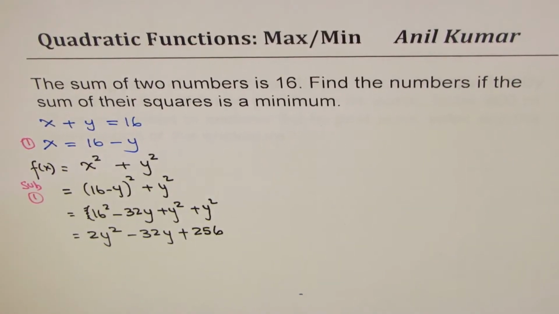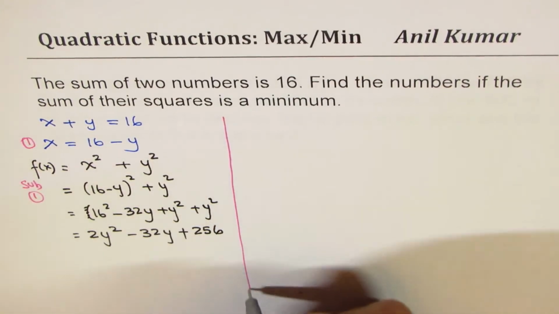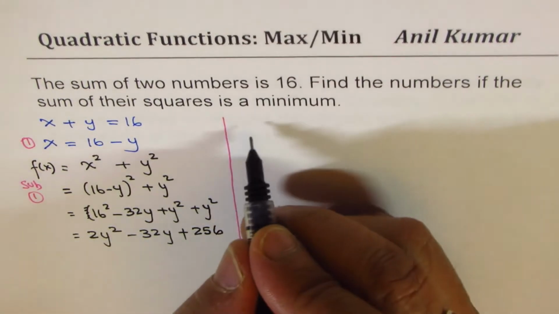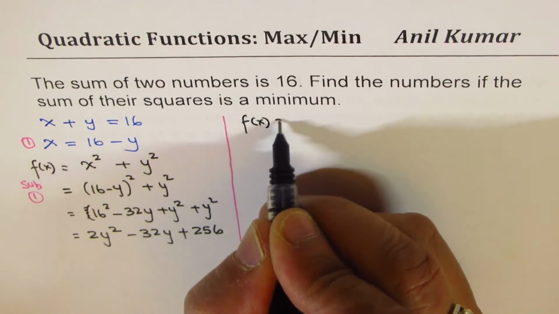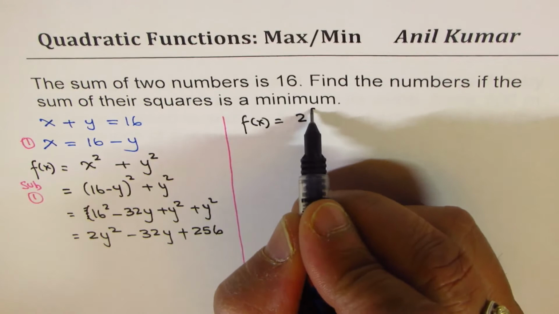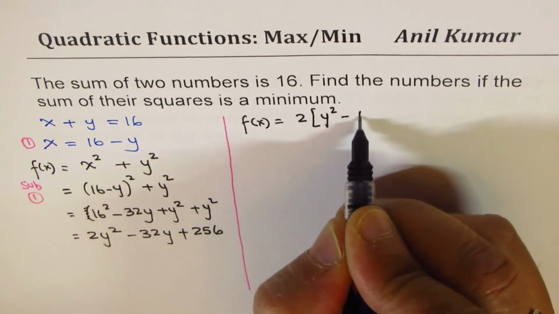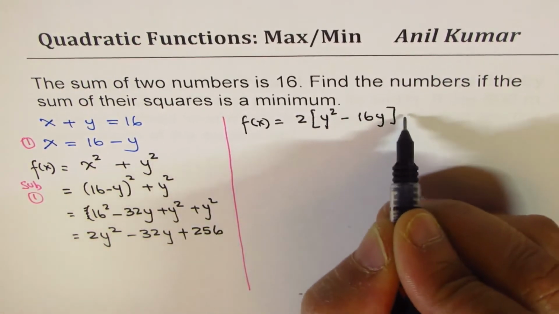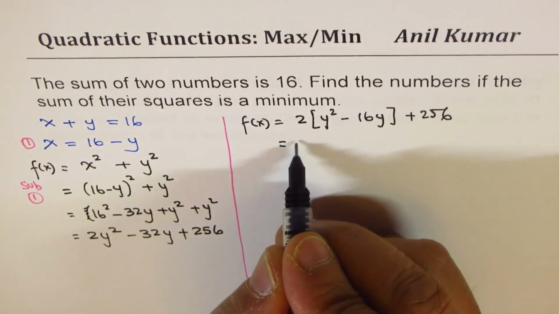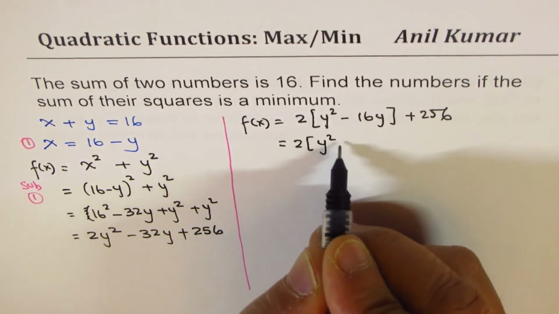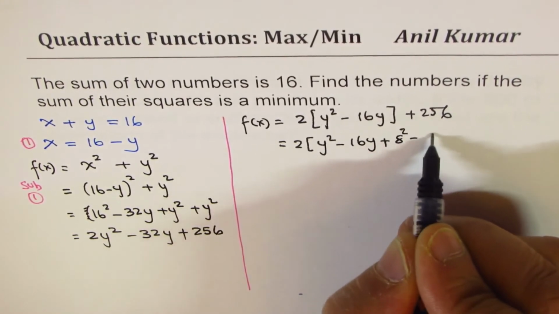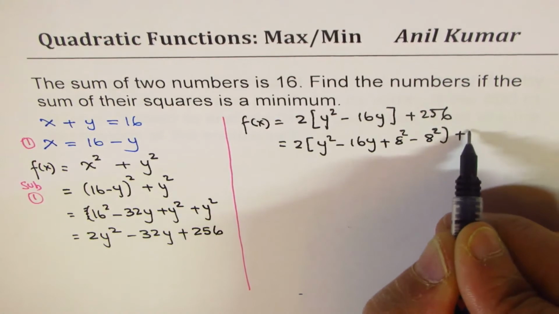So let's do completing the square. We have our function f of x equals 2y square minus 32y plus 256. We take 2 common, so we have y square minus 16y plus 128. Wait, keeping with the working: half of 16 is 8, so we get y square minus 16y plus 8 square minus 8 square plus 256.